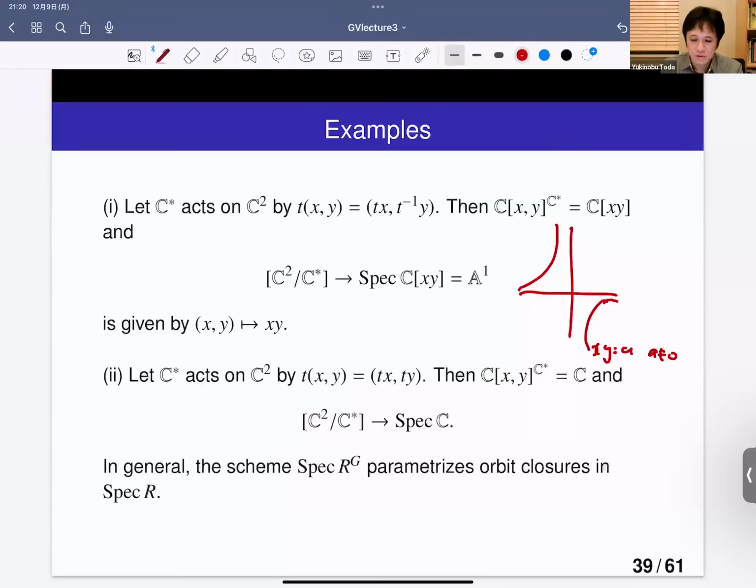But there are other orbits like this. Also, there are orbits like this, and the other orbit is just the origin. That is the locus where x equals 0 and y is non-zero, which is one of the orbits.